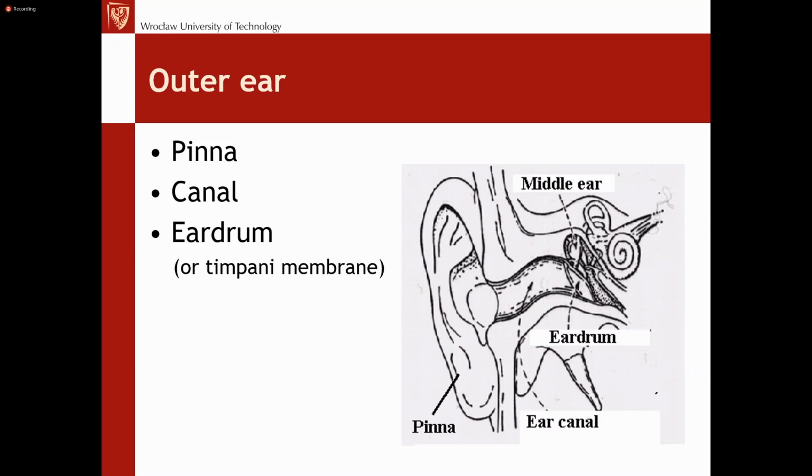First of all is the pinna. The pinna means this part of the outer ear, which everybody can see. And after this, the sound wave goes through the ear canal, and the last element of the outer ear is the eardrum, and we can call this the tympanic membrane.